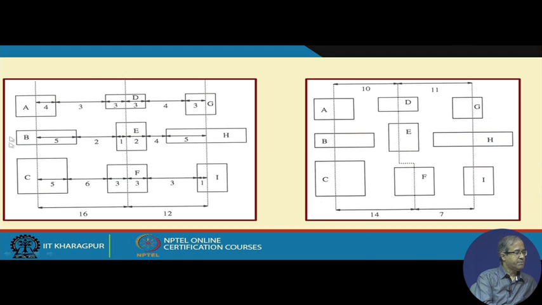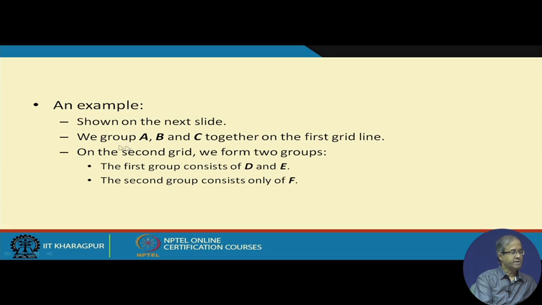So, you have an example like this, that same example we took. These blocks are there, you consider the middle grid. D, E, F were the 3 which were connected and A, B, C are connected to the first grid. So, we are saying that we group A, B, C together on the first grid line, there is no problem in that.